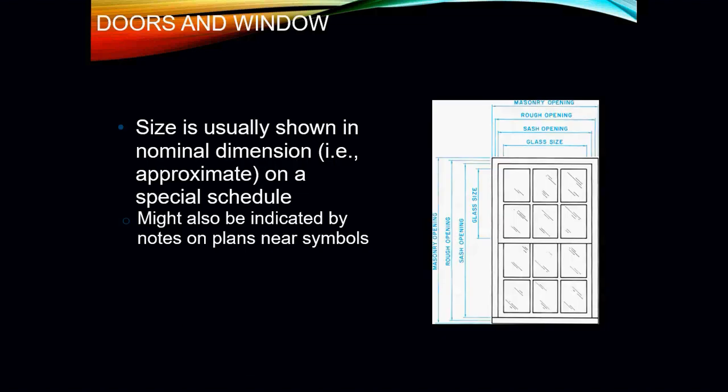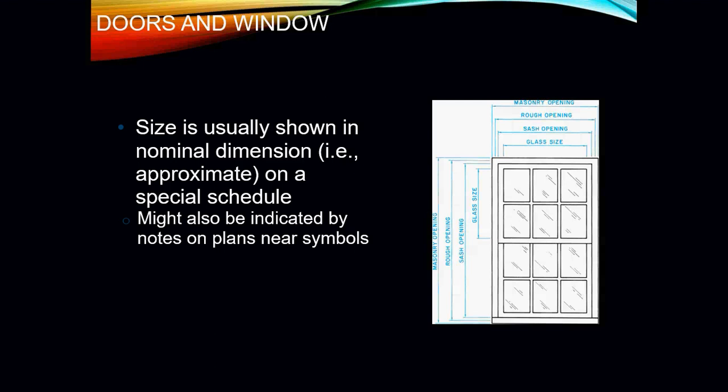The sizes are shown in nominal sizes, or maybe approximate, on a special schedule. This might also be indicated on the plans, or maybe on the exact plan with the symbol. These plans will give you the glass size.